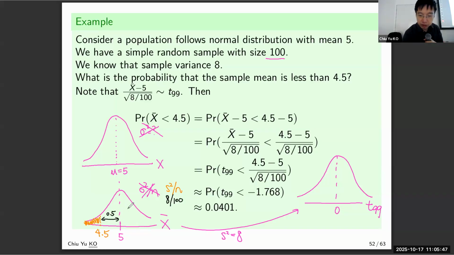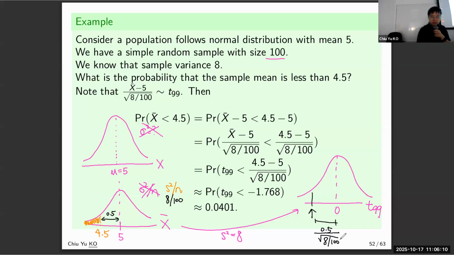So the distance is 0.5 over the square root of 8 over 100, because the square root of 8 over 100 is the SD. Look at how many SD below the mean.